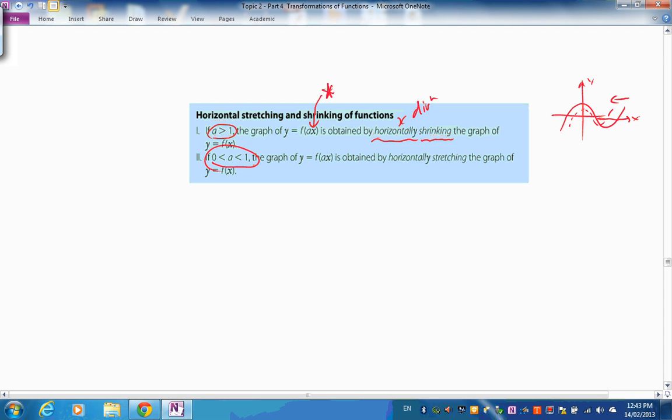If it's a fraction in front of x and you stick it in there, it's going to stretch the graph. It's going to broaden it this way. Not shrink it, but stretch it, depending on the value of a, if it's a fraction now. So this is horizontal movement, or shrinking and stretching, by changing the x term that you substitute into the function.